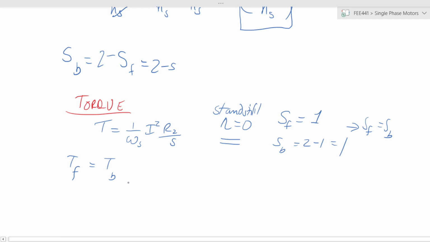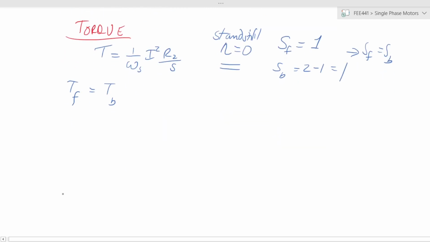Now let's take an instant where it is in normal operation. So S is a very small number. It is much less than 1. Let's say 0.04 or something like that, right? It's a tiny number. SF in this case will be tending towards 0, right?